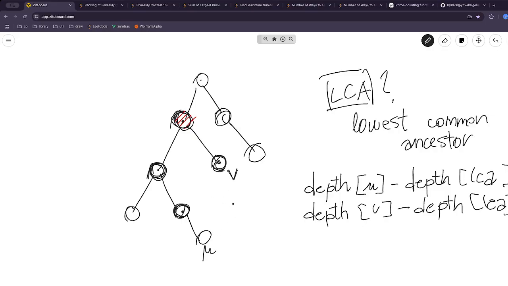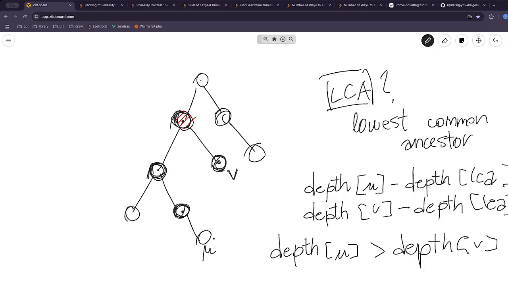So notice that since we can pre-calculate the depths of the nodes, and we're trying to find the LCA of U and B, here notice that the depth of U is greater than the depth of B. So we could move up to the parent until we get to the same level, right? Until the depth is not greater, is equal, right?